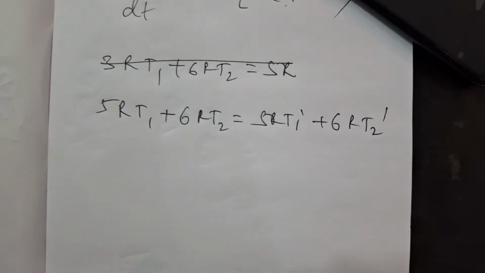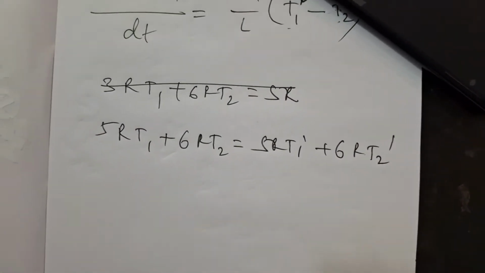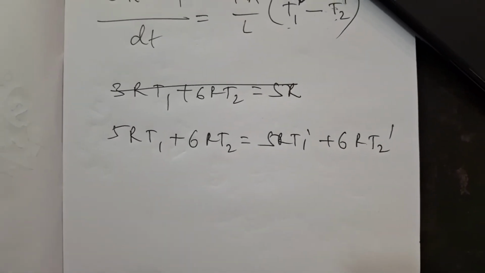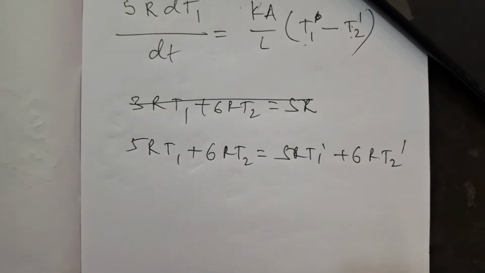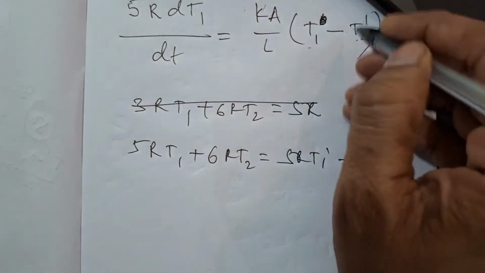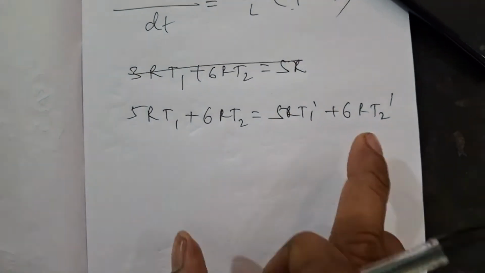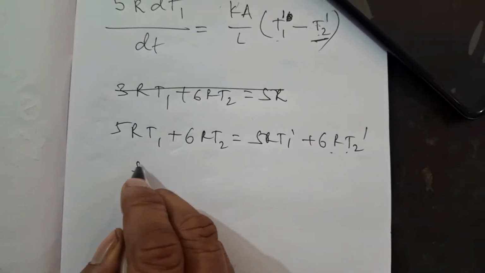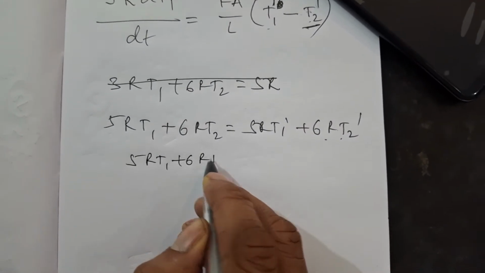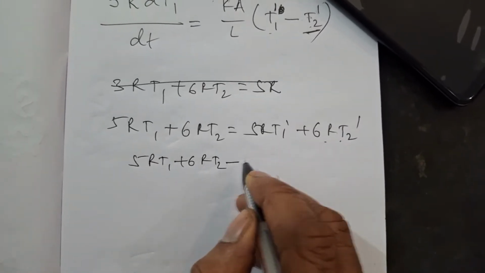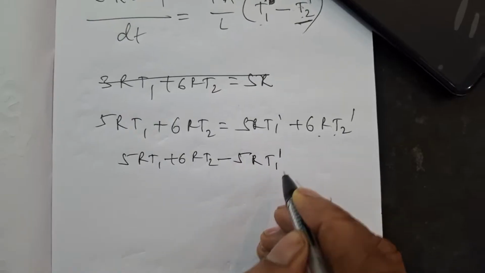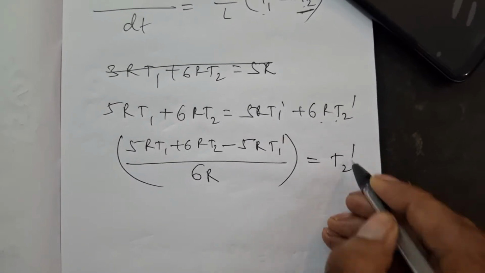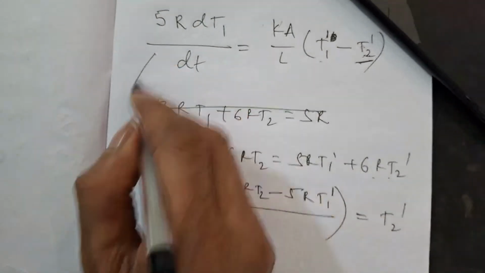See, this is the value given. Now see once. From this equation please eliminate T2. How will you eliminate T2? So 5R T1 is constant, 6R T2 is constant, and here minus 5R T1 prime divided by 6R. This is T2 prime, and please eliminate this T2 prime from this equation.